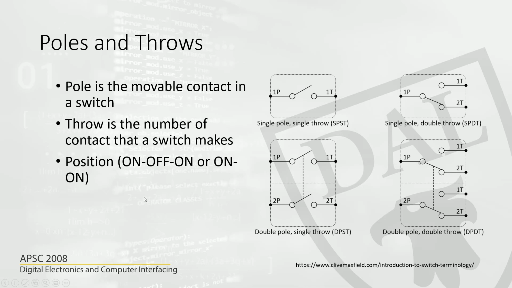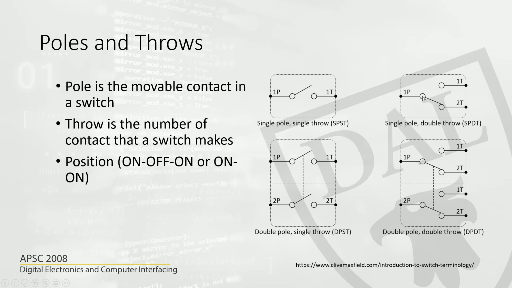And sometimes positions are also important. Sometimes this could have three positions. This is position 1, this is position 2, but you might have a position where it just stays in the center and turns everything off. So in this position, light bulb 2 is turned on, and as soon as you move, light bulb 1 is turned on.